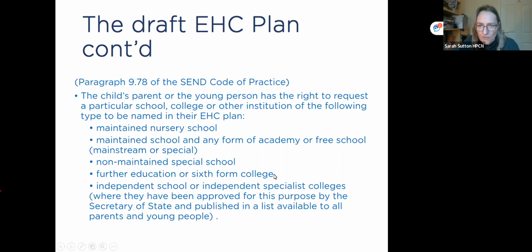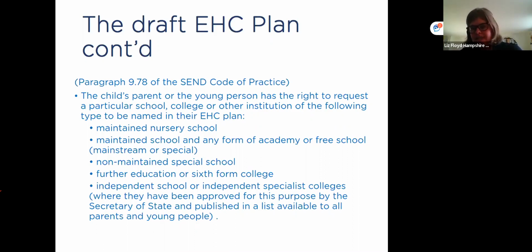Okay. One thing I didn't say was just to explain about independent schools. There are what they call Section 41 schools. So there's special maintained schools, and they are maintained by the local authority.